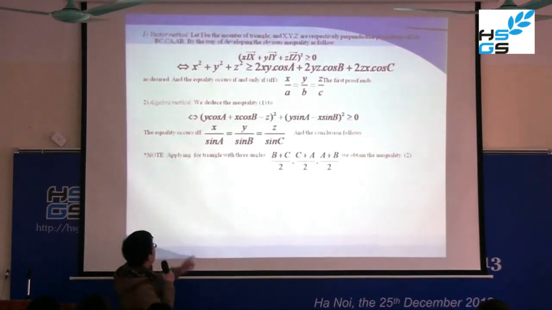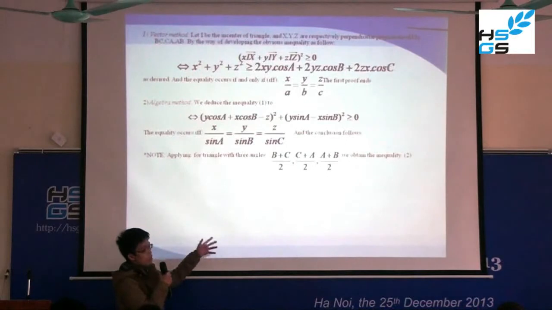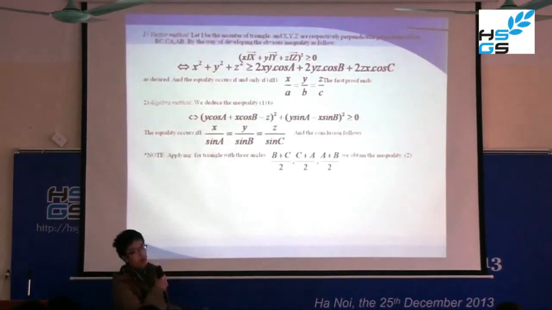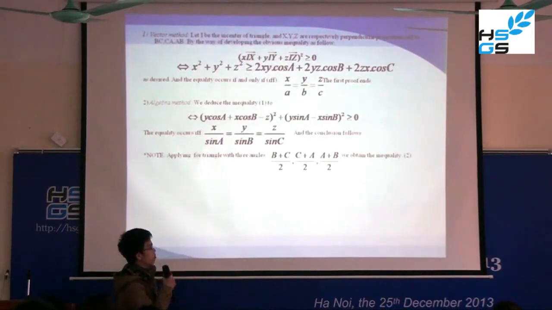As you will see, the equality occurs if and only if x over CA equals y over CB equals z over CC. Now, just have a look at a triangle with three angles: (b plus c) over 2, (c plus a) over 2, (a plus b) over 2, and update the second inequality.